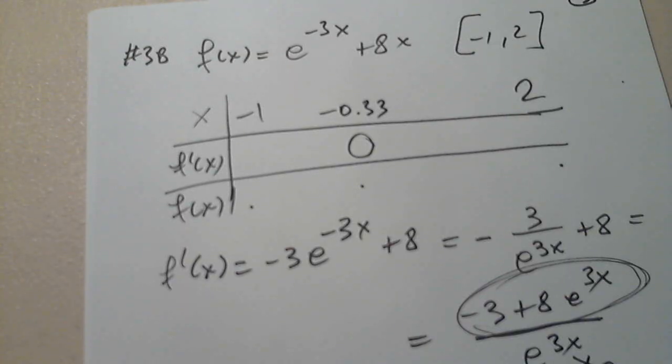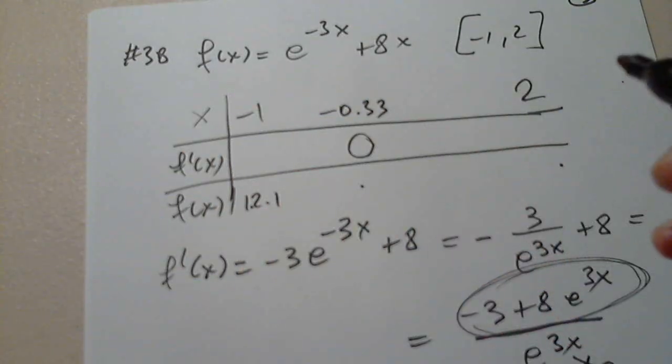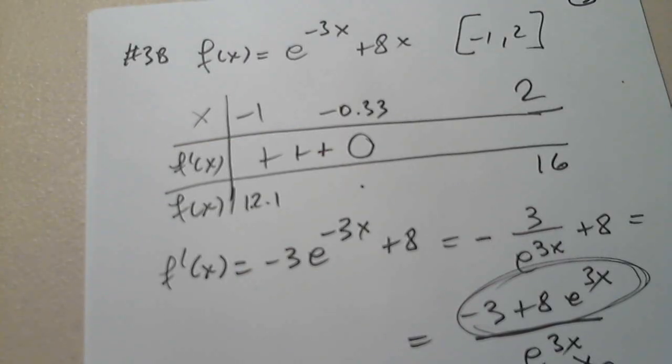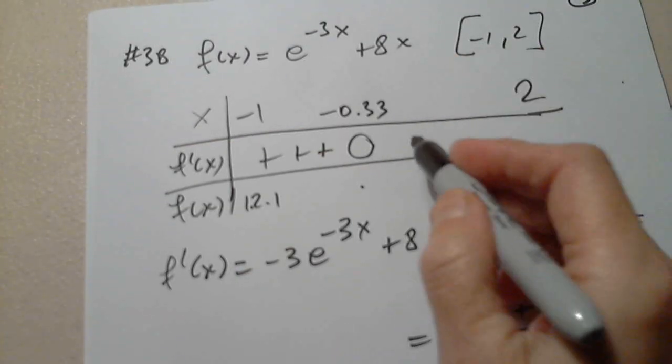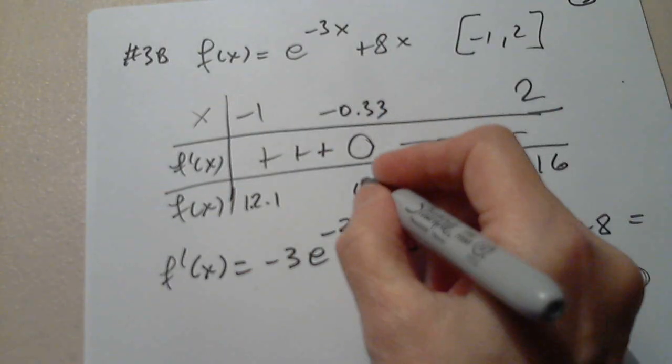So now I'm going to plug in -1, and I'm going to plug in 2. Okay, so the function is 12.1 at -1 and 16 at 2. As you see, the derivative at -1 is positive. That's all I care about. I'm not going to copy those numbers for the derivative, and then it's negative. But I will plug in -0.33 for the function. So 0.05.